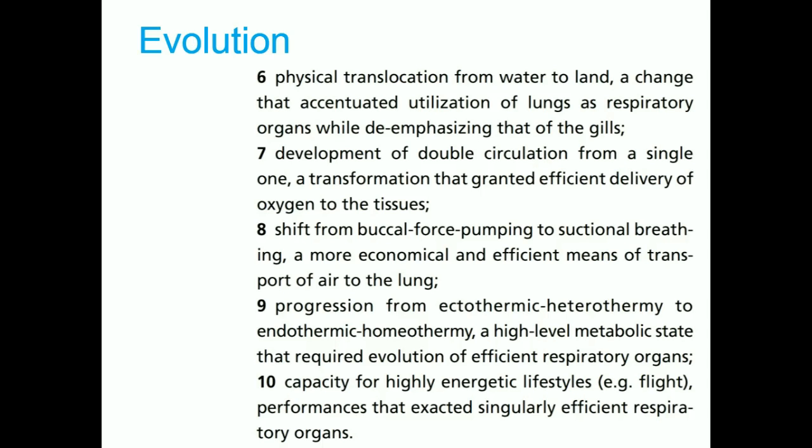Then in step 7 we see the development of a double circulation. Now remember that the double circulation creates not just a systemic circulation that takes blood to most of the body, but it also creates a pulmonary circulation. And this pulmonary circulation is the one that picks up oxygenated blood to transport it to the rest of the body.